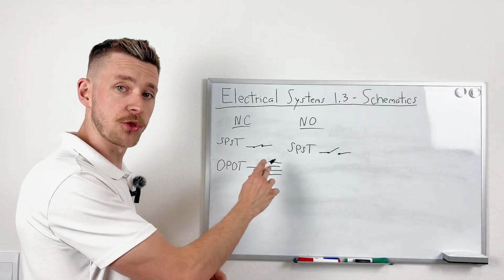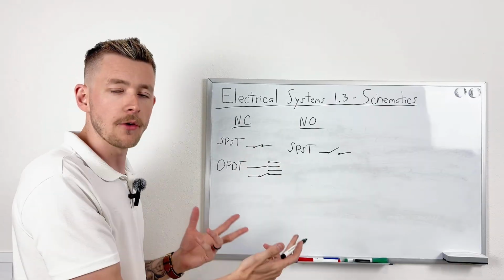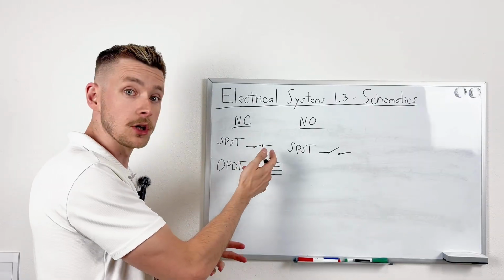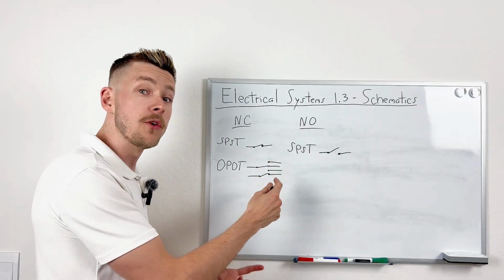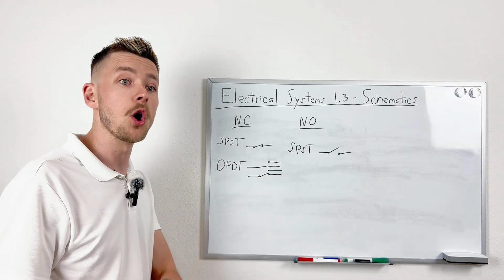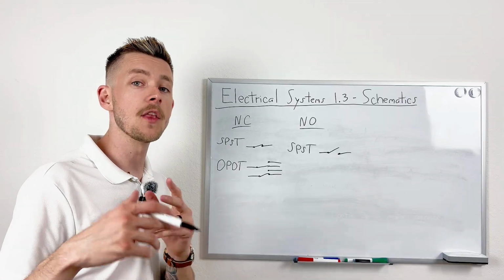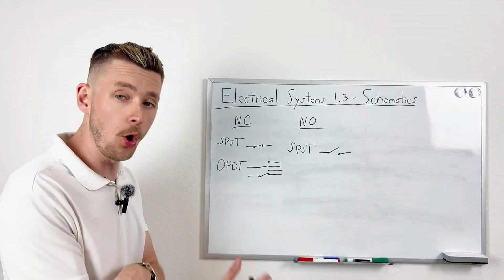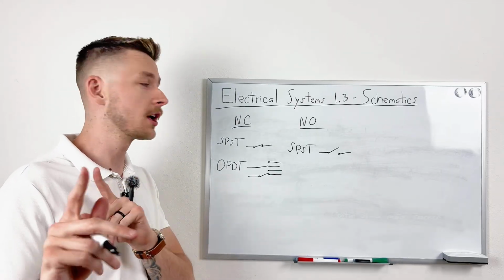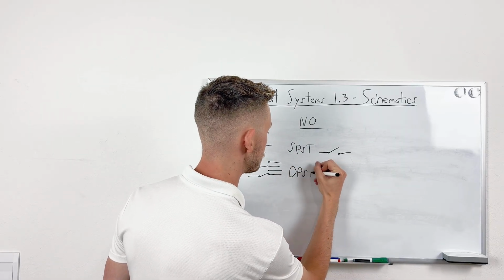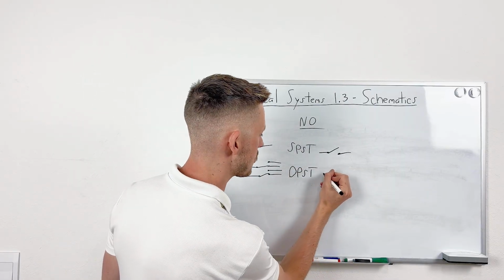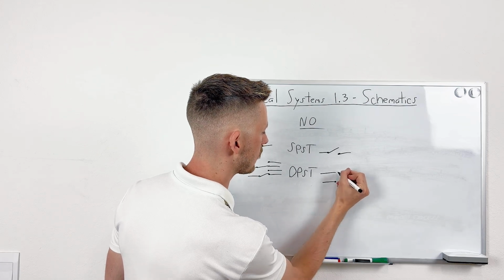Now, on a single throw, it's either going to be off or on, right? You're either open or closed. Whereas for this, you could have it execute function 1 or function 2. So a double throw is two outputs on that one circuit. A double pole is going to be two circuits. So if we were to have a double pole, single throw, that's going to be our two circuits right here.